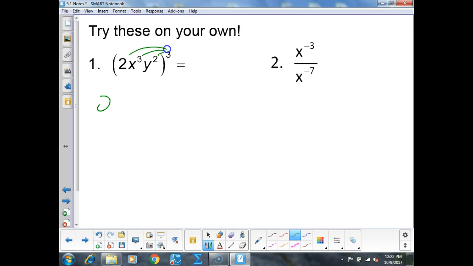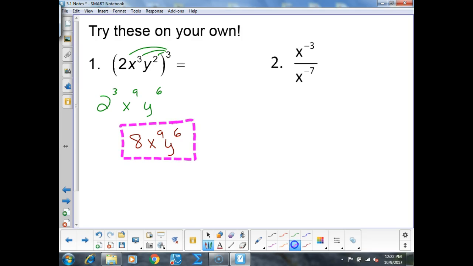So this becomes 2 cubed x to the 9th, y to the 6th. So let's write that as 8x to the 9th, y to the 6th. Agree with me on that one?